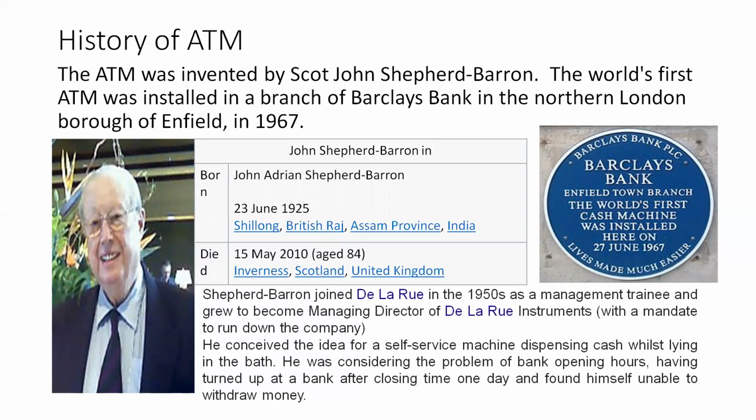The ATM was installed in a branch of Barclays Bank in the northern London borough of England in 1967. It was like a magic machine for the people in England in 1967.